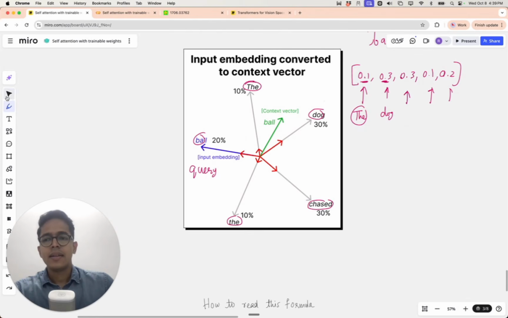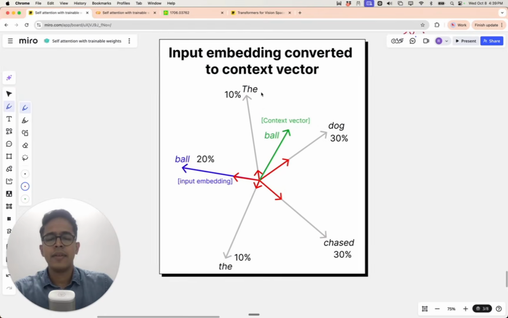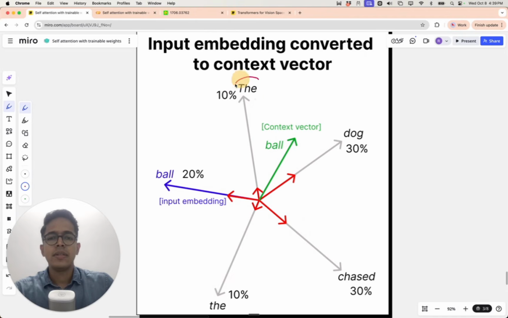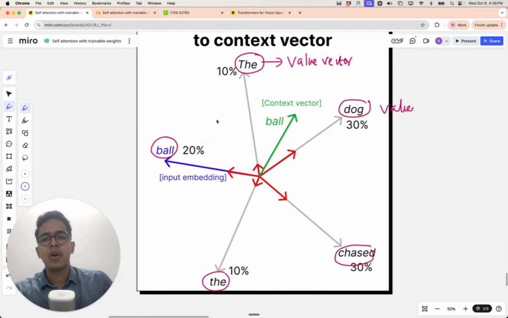In the current self-attention, which is self-attention with trainable weights, most things remain the same, except the only difference is that this is not the input embedding anymore. This is the value vector for "the", this is the value vector for "dog", this is the value vector for "chased", this is the value vector for "the", and this is the value vector for "ball".